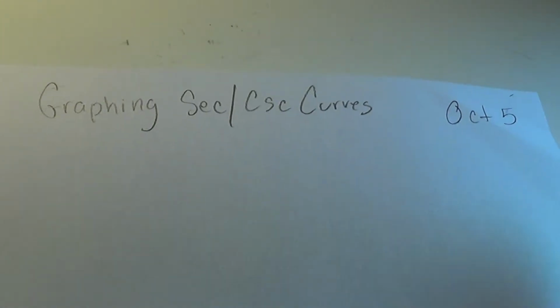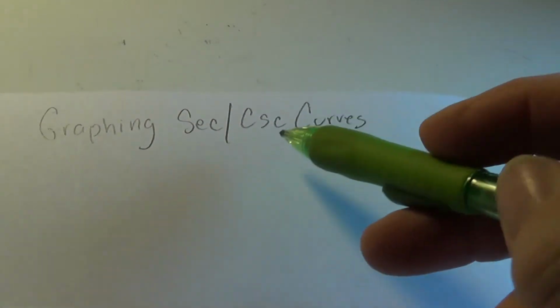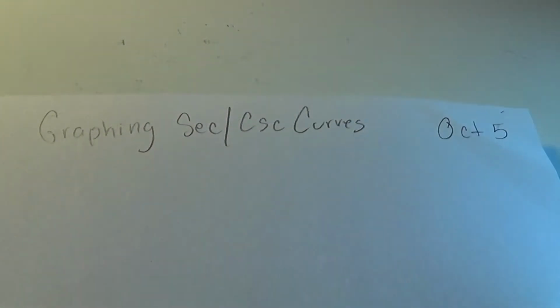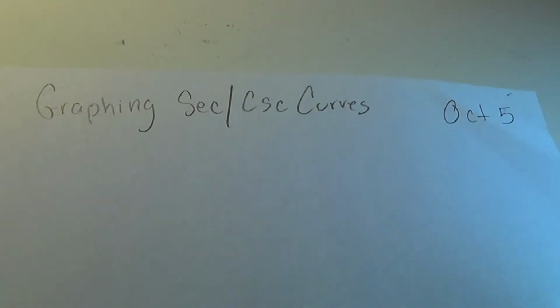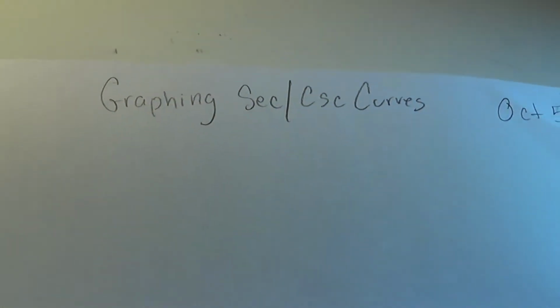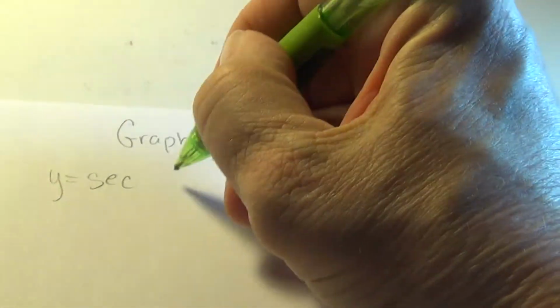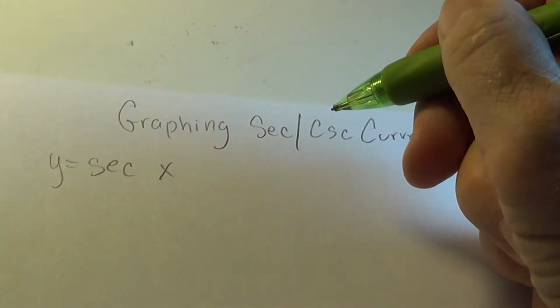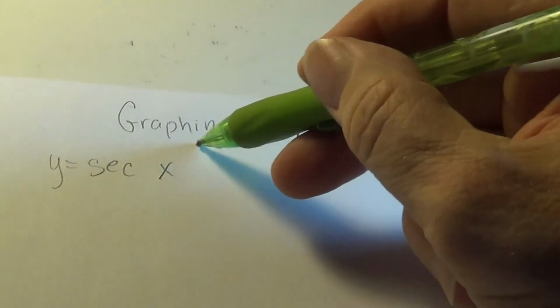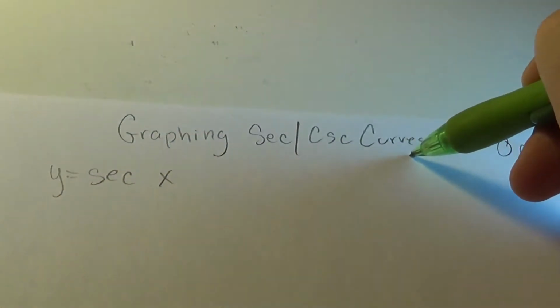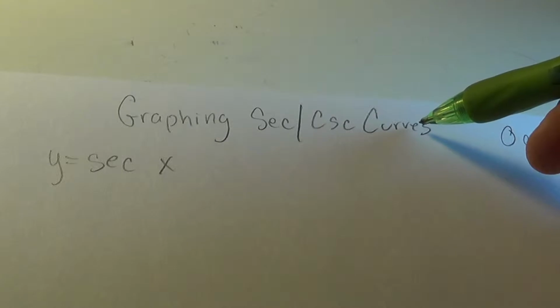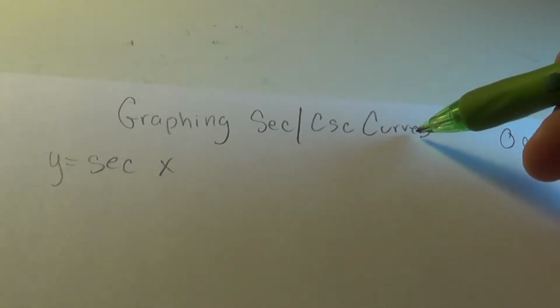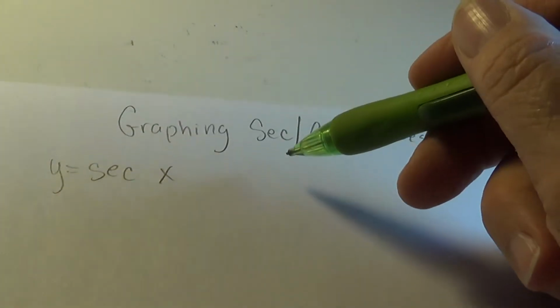Today, our attention is secant and cosecant curves, and we'll see what that has to do with you. All right. Graphing y equals secant x. Take notes in your comp book, and you can add this definition or this line to your table of contents and put in the next number of pages.